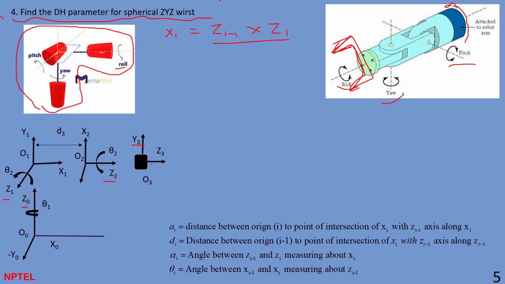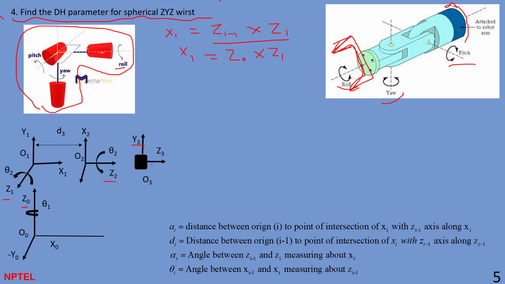Z0 you don't need to find. You can arbitrarily set X0, Y0, anything, but please do follow the right hand rule. So when i is 1, x1 will be equal to z0 cross z1. So this is your z0 and this is your z1.